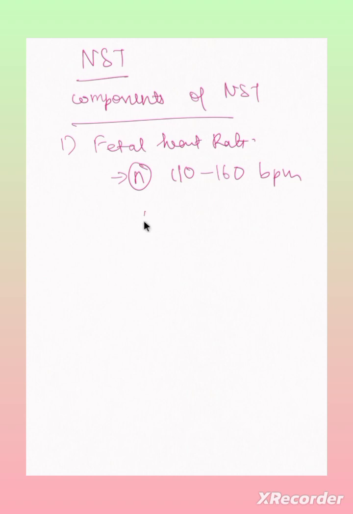If it becomes less than 110, it is called bradycardia. And if it goes above 160, then it is called tachycardia. These two terms you are clear. Now between bradycardia and tachycardia, it is bradycardia which is the marker of fetal distress.